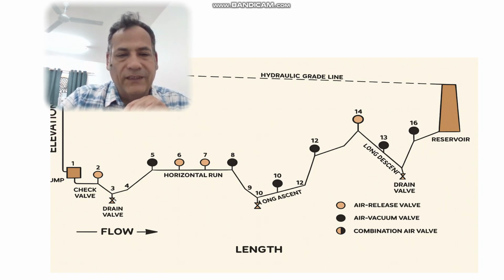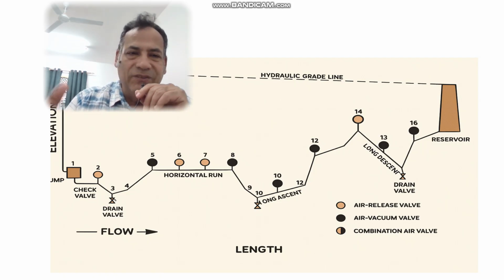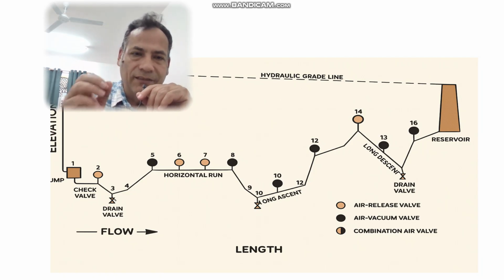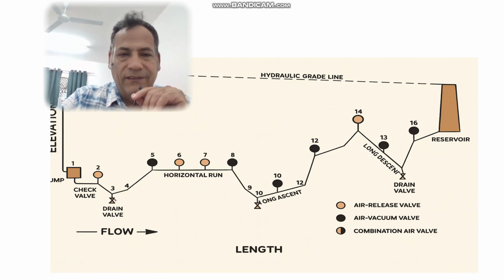If for example we drain all of the water inside the pipeline, it will be drained from this point, and here a vacuum will be created, and then it can damage the pipeline immediately and it will collapse.